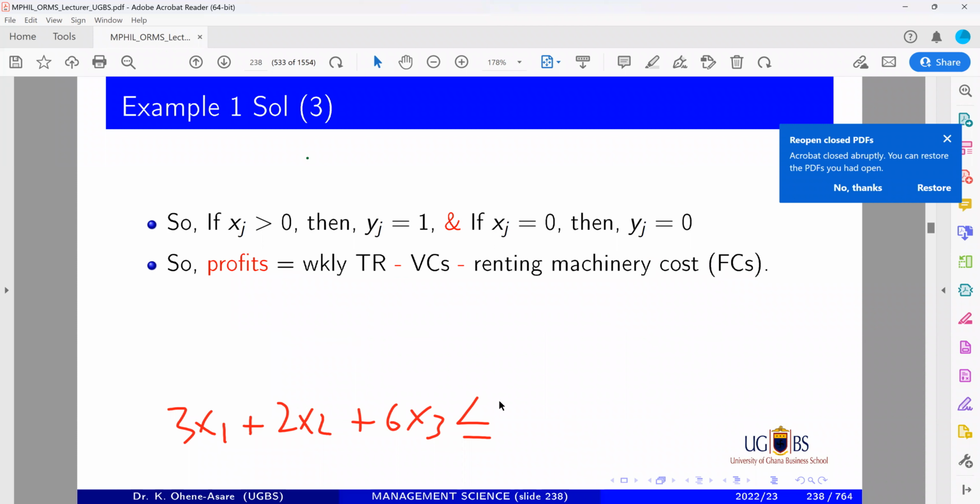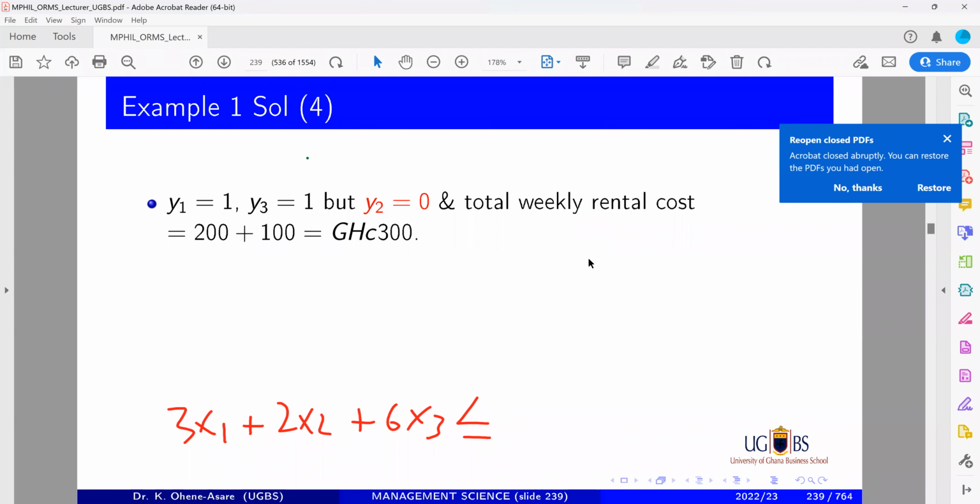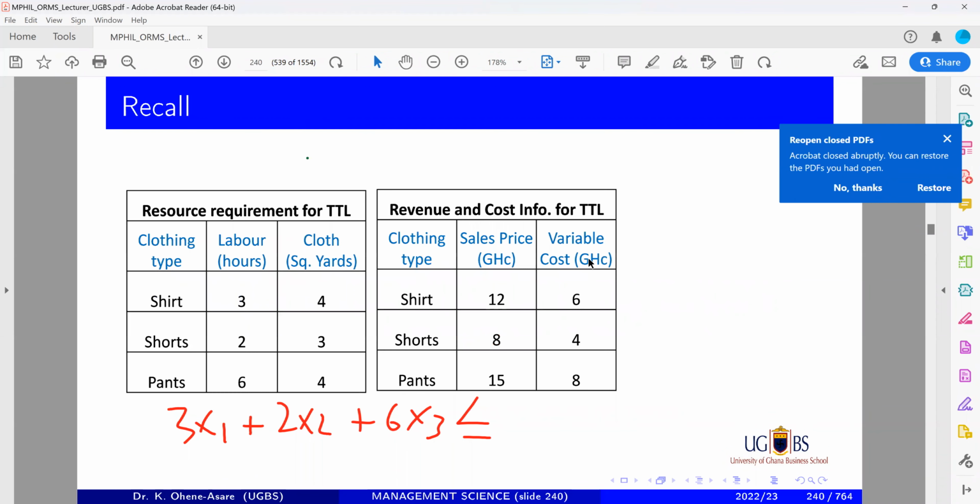And the other one I think was 160. Okay, good. So it shows that you are following. So it's supposed to be 150. And then the cloth is 4x1 plus 3x2 plus 4x3 less than or equal to 160. So now you have your constraints all done. I'm sure you all get a picture here.